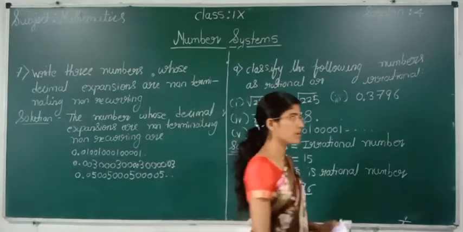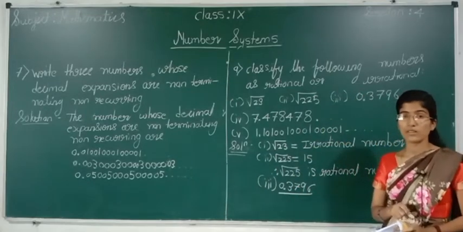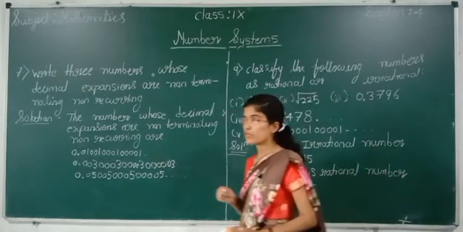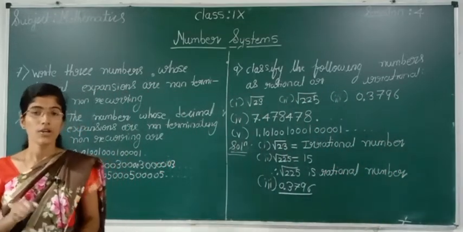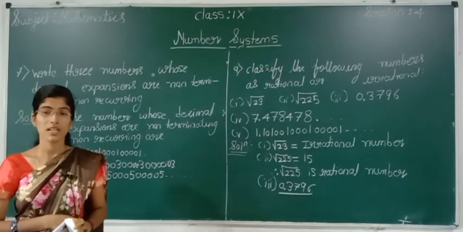I told you in the beginning, the number whose decimal expansion is terminating or non-terminating recurring is a rational number.